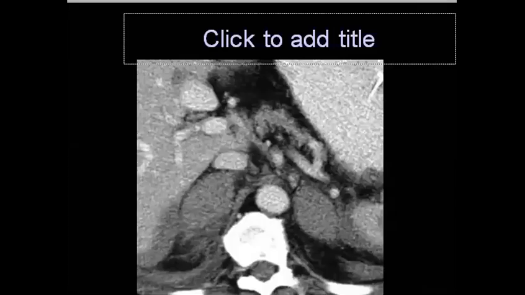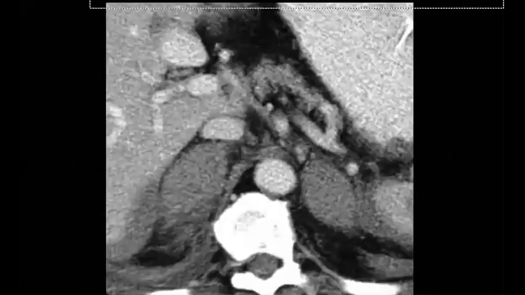So let me show you this, and what will you mention here? Perfect. So you need to check the other phases or the other images in different contrast stages. So you need to check pre-contrast and post-contrast, which may be arterial and venous and so on. Okay?